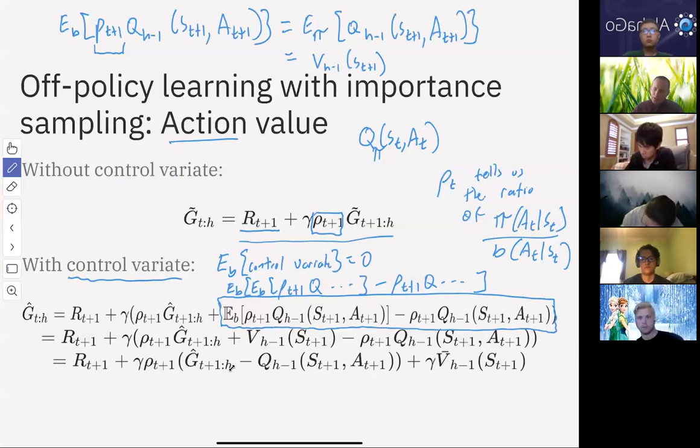We're going to actually define V hat to be this summation over all our actions of that. Okay, so it's basically just doing a weighted sum of our Q's, which is going to give us our V hat. So this equals, let's see, we have expectation of B converts to expectation of pi, which converts to this VH minus 1.